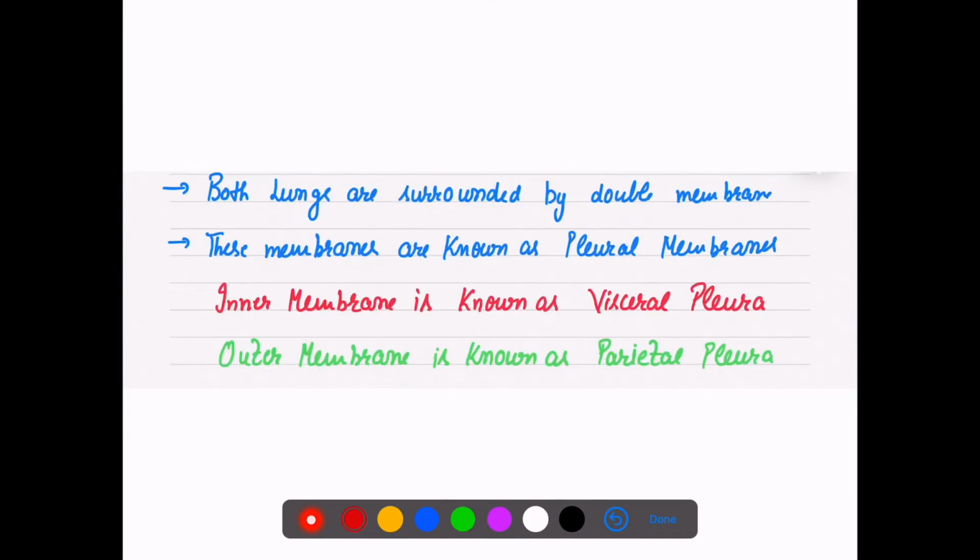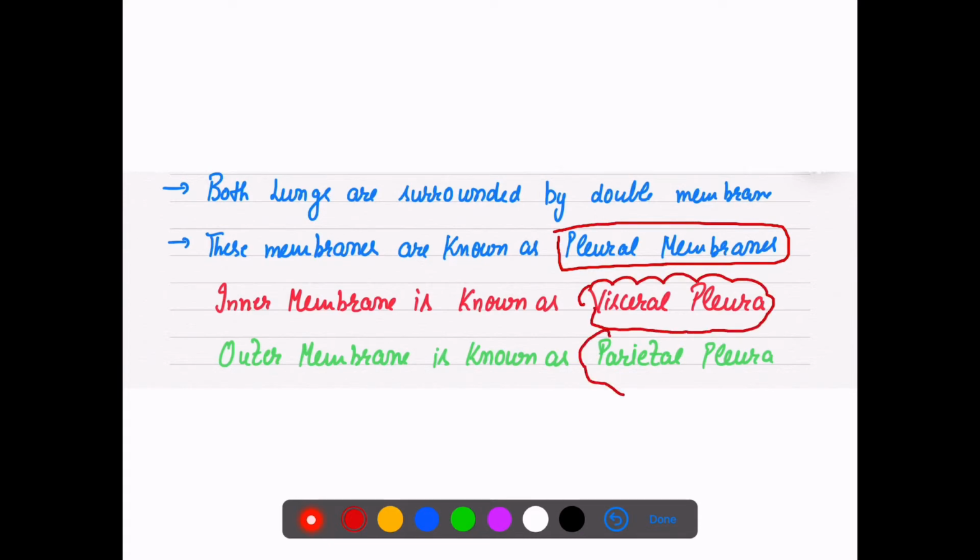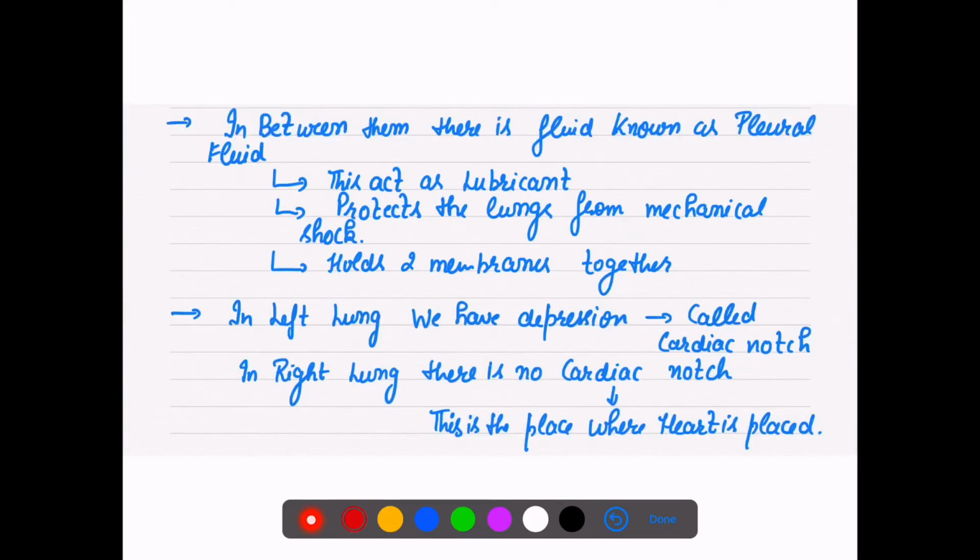Both lungs are surrounded by double membrane, and these membranes are known as pleural membranes. The inner membrane is known as visceral pleura and the outer membrane is known as parietal pleura, and the fluid between them is known as pleural fluid. Why would they need pleural fluid?